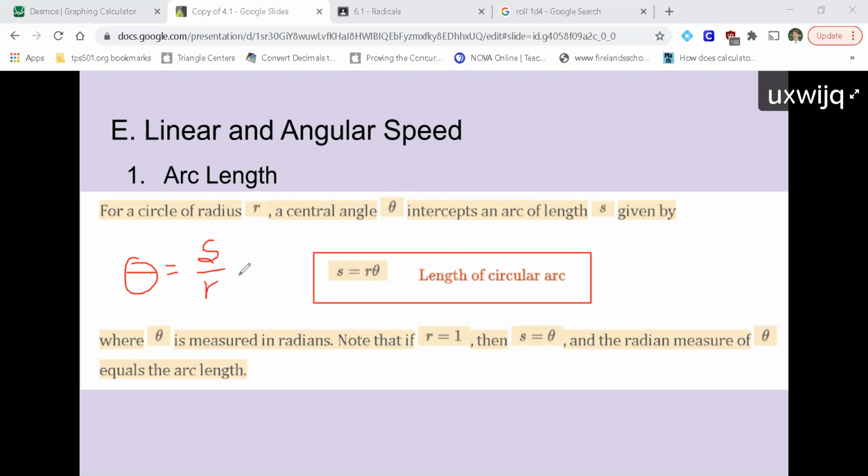Please note, though, that this formula, either way that it's written, again, those are the same thing, can only be used to find arc length if your angle is in radians. These formulas only work when your angle is in radians. They do not work if your angle is in degrees.